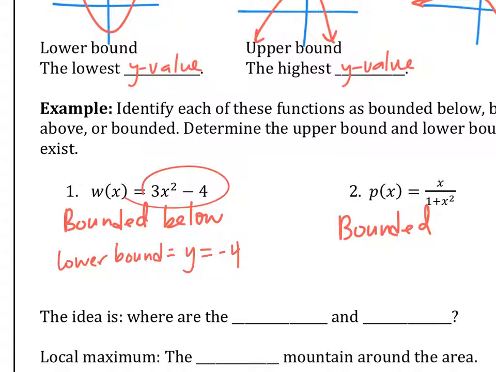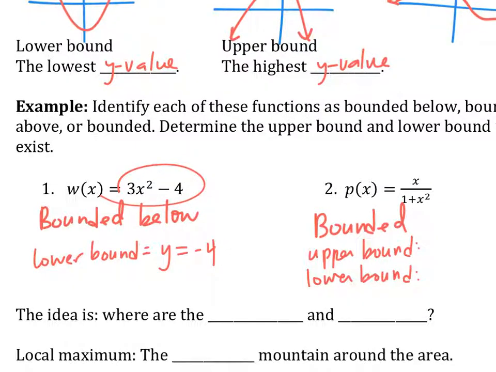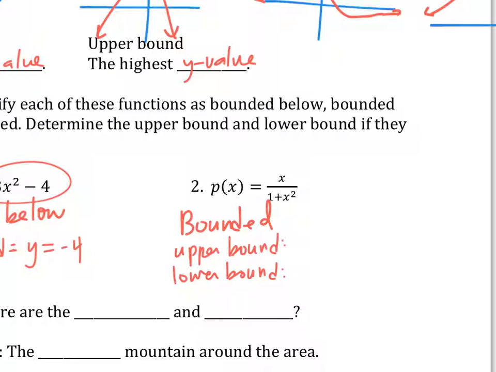Okay, number 2, we said it's bounded, so that means there's an upper bound and there is a lower bound. This one, you do have to check your calculator. Scroll on your calculator, or you can use the second calculate button to figure out the maximum and the minimum, and then it will tell you what number that is.